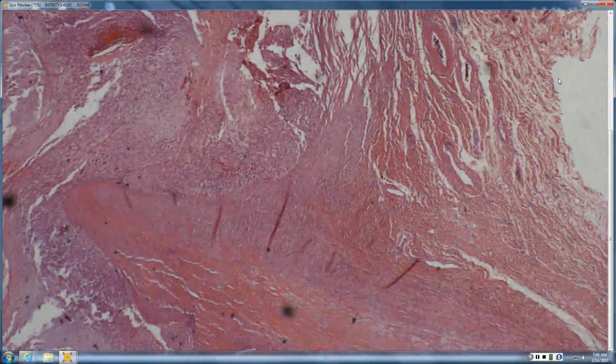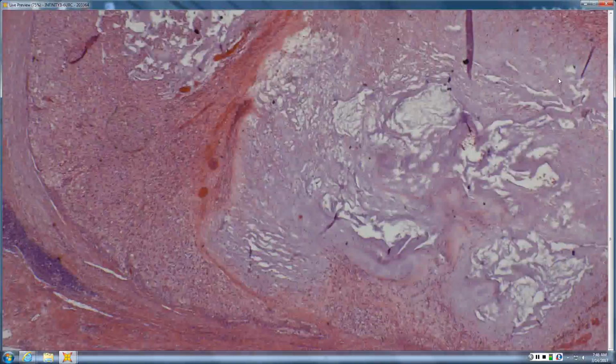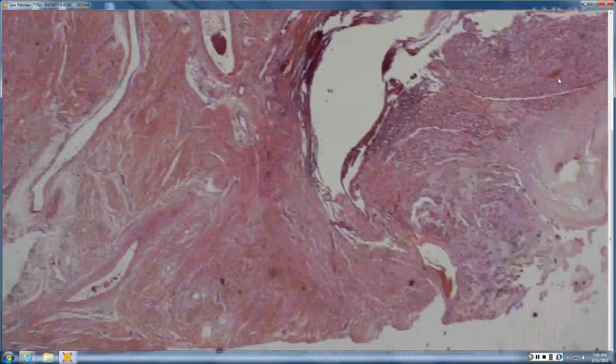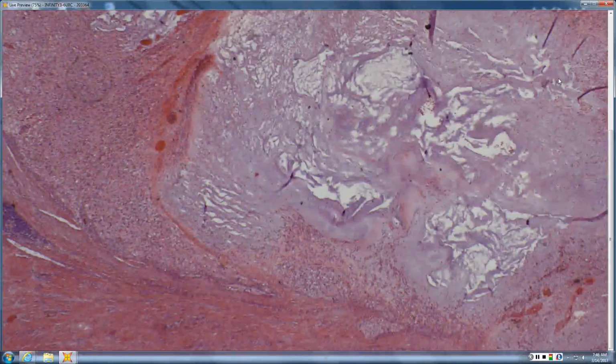So the chordomas are primitive tumors with cartilaginous and fibrous differentiation. And clues are you have a sulfated gray-blue mucin. Looks like cartilage. When you see that colored mucin in skin, you think of things like mixed tumors, chordomas, parachordomas.